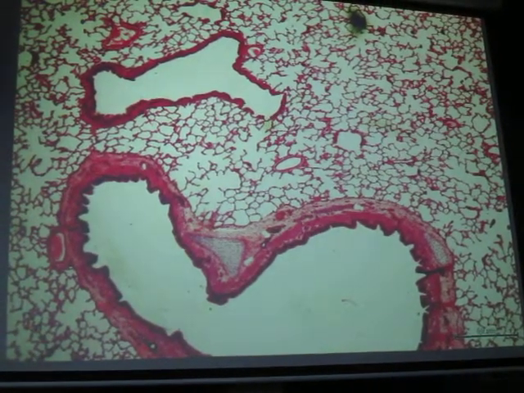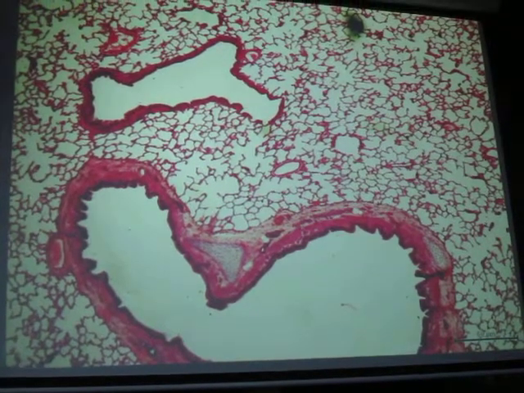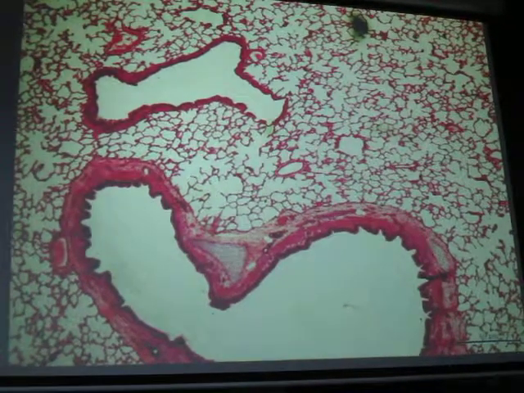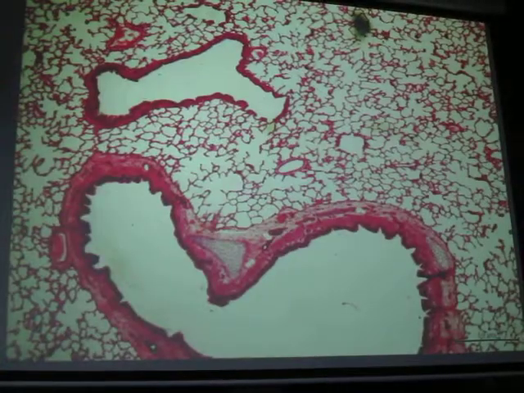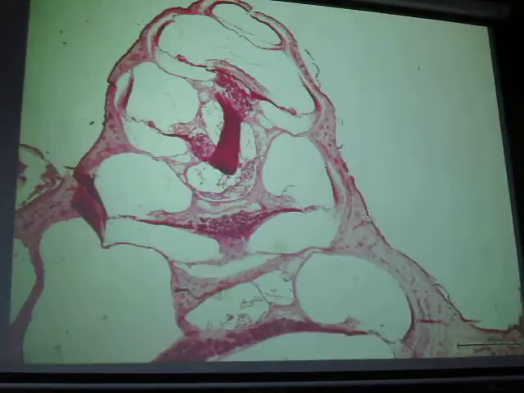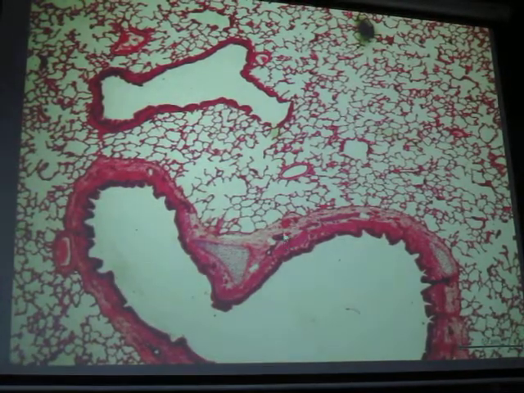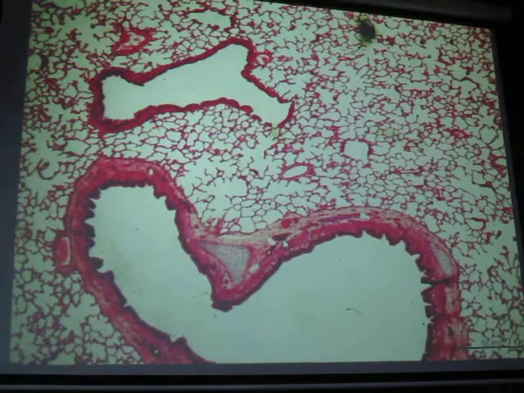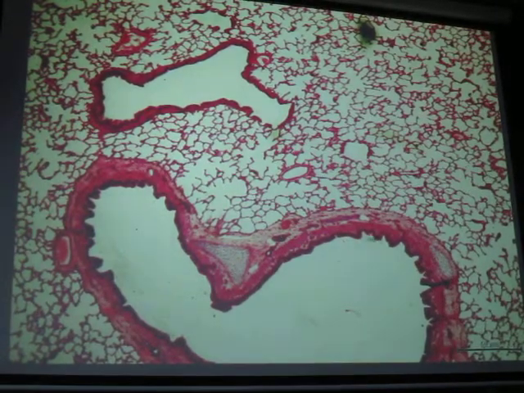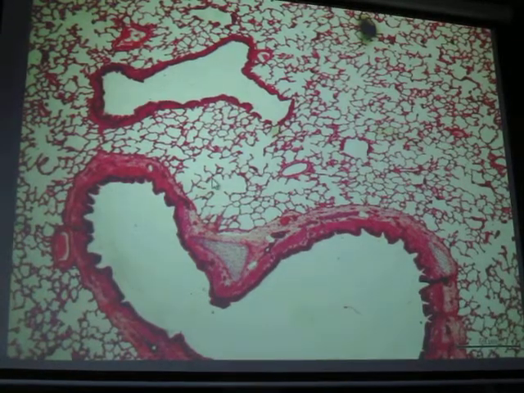Because of the cartilage, and meron siyang cartilage, yan, hyaline cartilage, plates of hyaline cartilage, I'm sorry. And you have submucosal glands. So, and the usual randomly distributed smooth muscle.